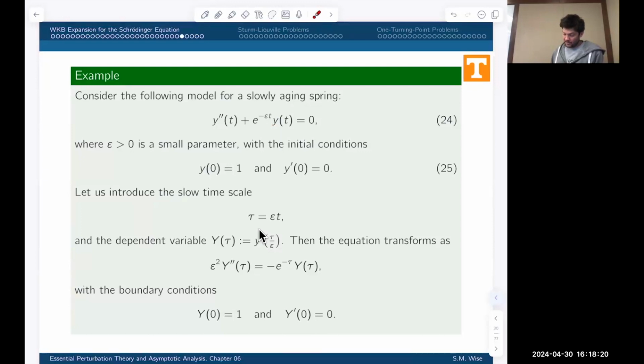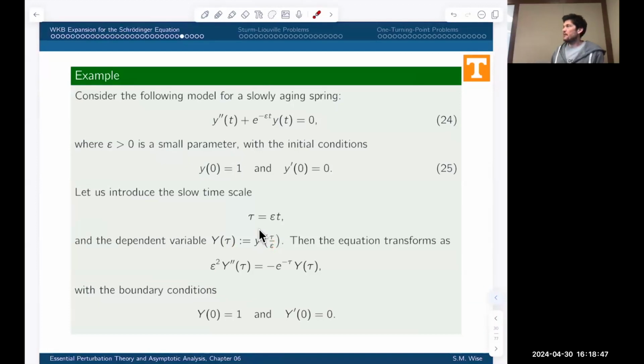And to do that, I'm going to rescale time by introducing something called the slow time scale, keeping in mind that epsilon is a small parameter. So if t is order 1, this tau has to be a very small time scale. We'll also introduce this new displacement function, Y of tau, defined as y of tau over epsilon.